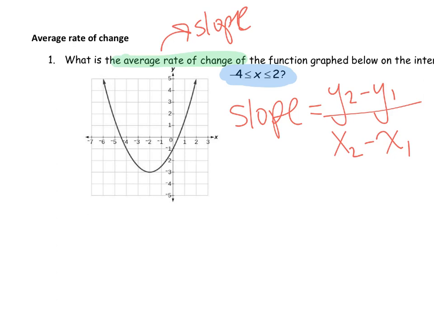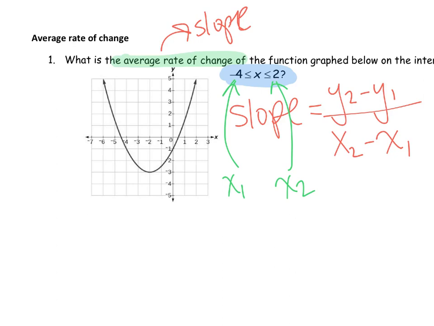Now, you have to remember, guys, from class, if I give you an interval, we are only using the endpoint values. So I'm only going to use -4, that's x1, and then 2, that is x2. Again, when I give you an interval, you only use the endpoints. Do not use the numbers within the interval, just the endpoints.